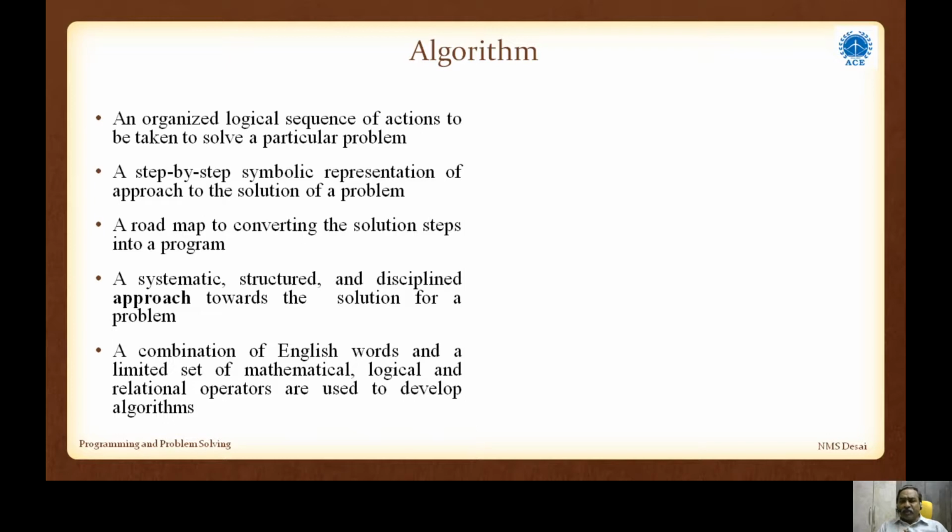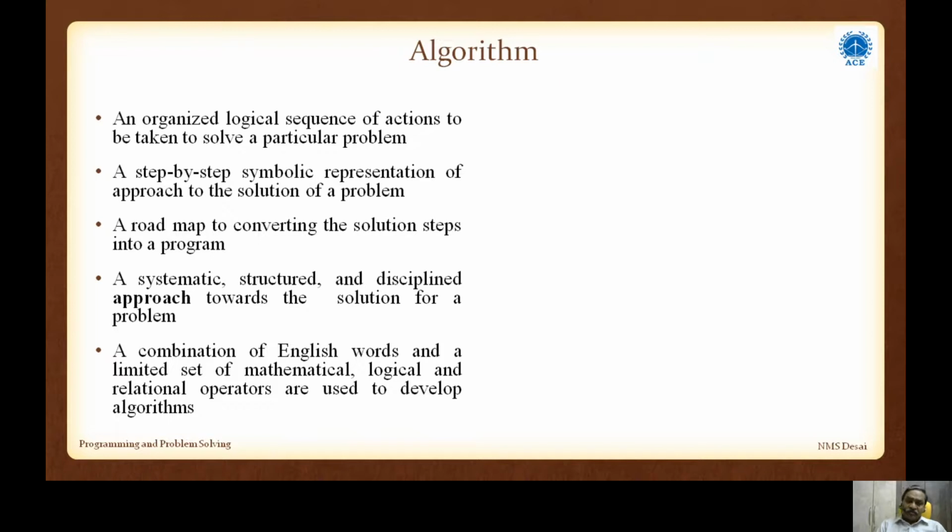Now, what is a solution for a problem? That depends on the problem. If the problem requires arithmetic operations, then arithmetic symbols should be there. If the problem requires comparison or establishing relationship between the various data items that participate in this solution approach, then relational operators are required. Similarly, if it is based on certain logic and evaluation, logical operators are required.